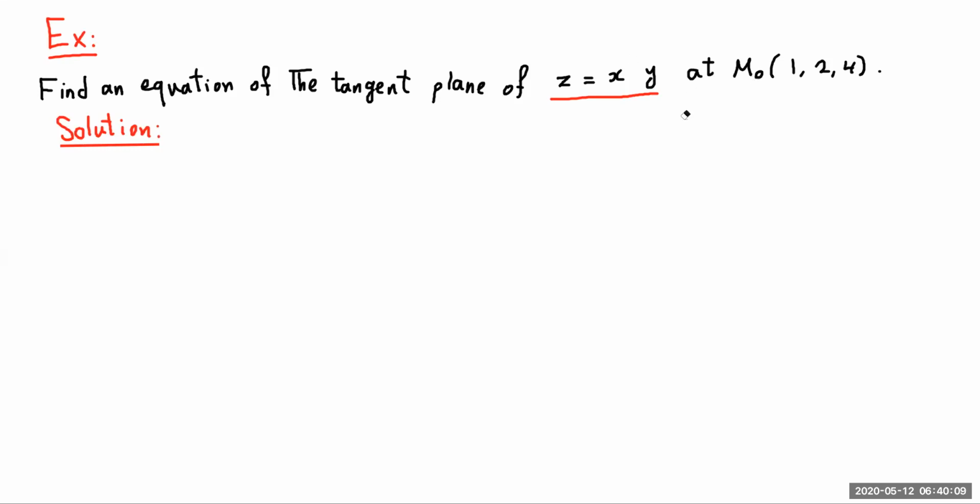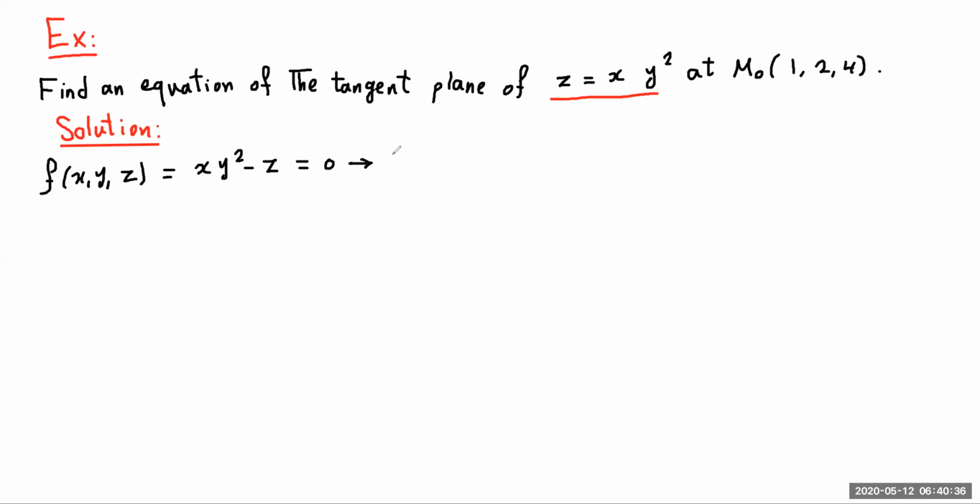The question here is xy power 2 equals z. So let's solve this exercise. If I suppose that f(x, y, z) is xy power 2 minus z, so this is equal to 0.